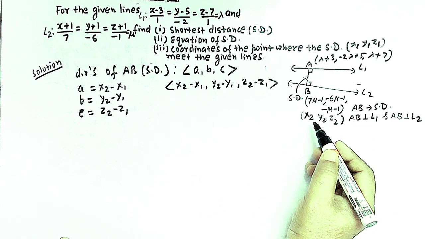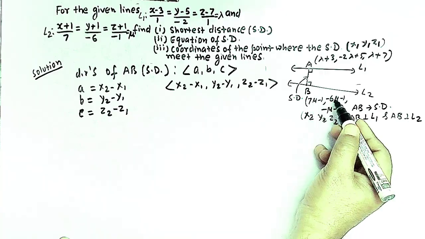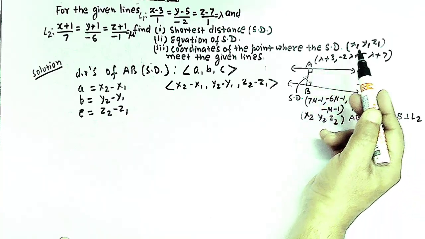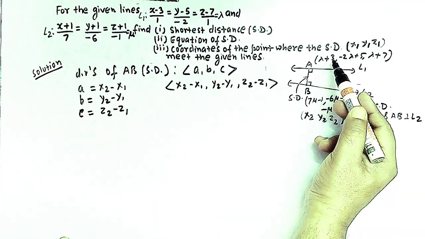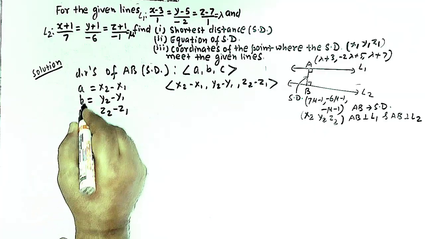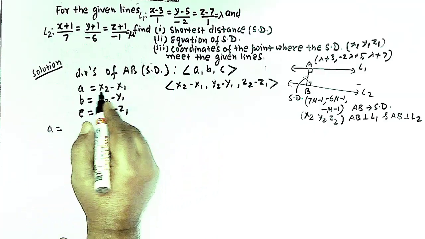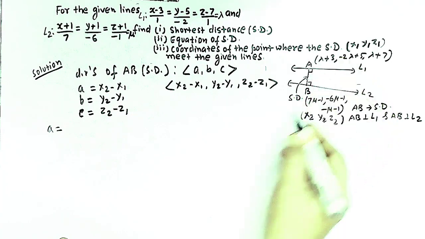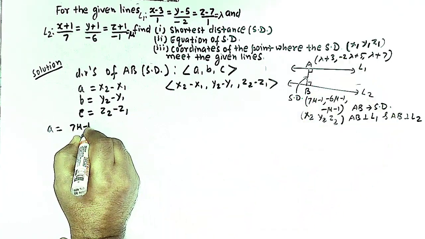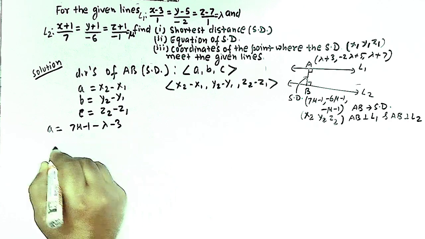So here x2, y2, z2 are given by these three numbers for some value of mu, and x1, y1, z1 are given by these three numbers for some value of lambda. So now we have the direction ratios of AB as A is x2 minus x1. So we have 7 mu minus 1 minus lambda minus 3.